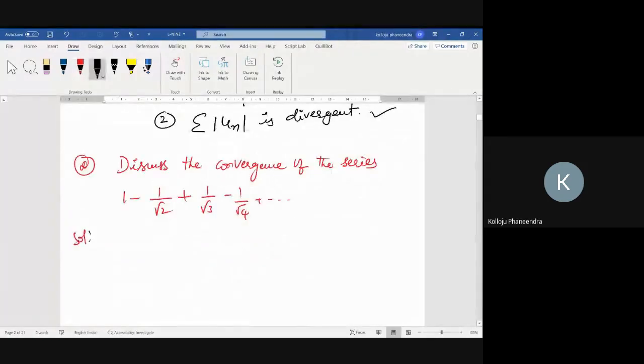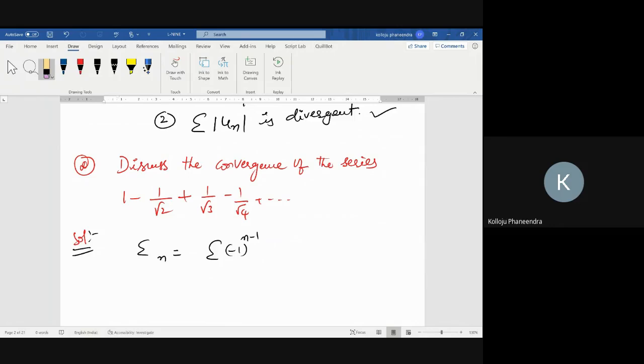Solution. Clearly, what is sigma un here? One can write sigma minus 1 whole to the power of n minus 1 into un.